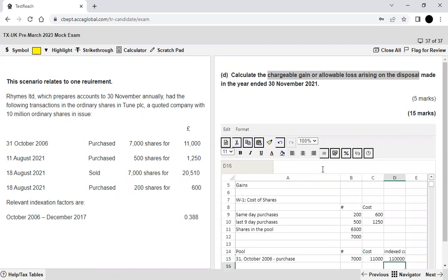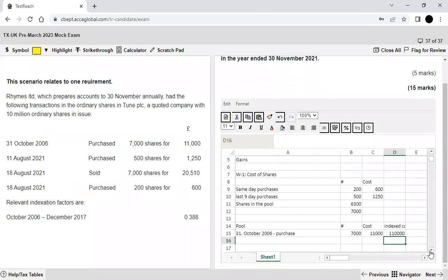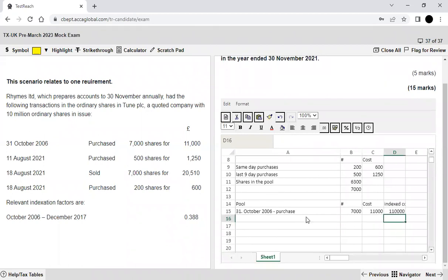At the moment, indexed cost is also 11,000. Indexation allowance, 11,000 multiplied by 0.338.